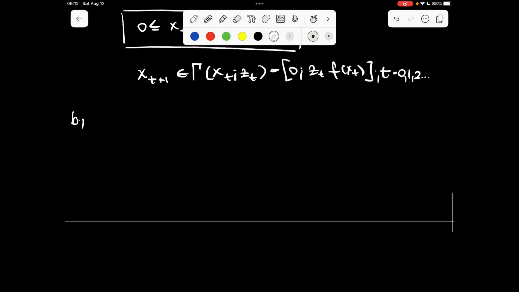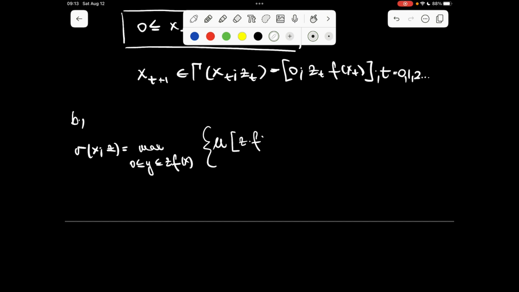So as a first step, let's write the Bellman equation of the problem. We are looking for the maximum of the function, supposing that the optimum choice is in the feasibility set. This is the one period return function.